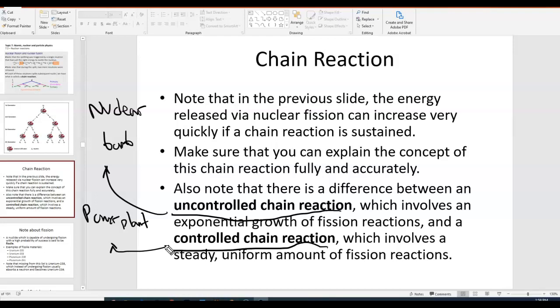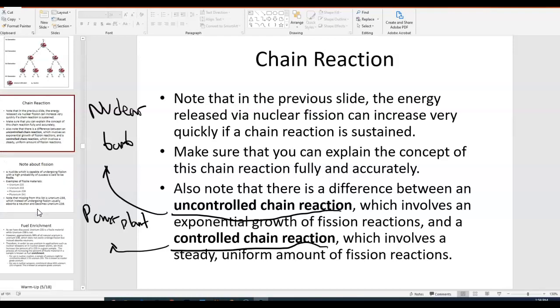But the uncontrolled chain reaction is how we create nuclear weapons, basically. We want that exponential growth because we want a lot of energy to be released very quickly. Again, normally we'd spend much more time talking about how we arrange it so these things happen, but in the interest of time, I'm not going to spend too much time going over that.